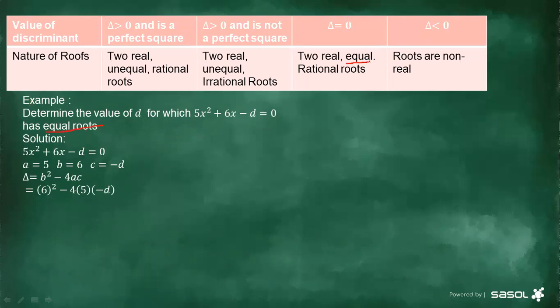You can see there's equal here, so that's where delta equals 0. Then after solving this, we say delta equals 0, and then we start substituting your delta, because we have determined the delta, which is 36 plus 20d, equals 0. You solve the value of d, then you simplify it, and it gives us -9/5. All right, that is the nature of roots.